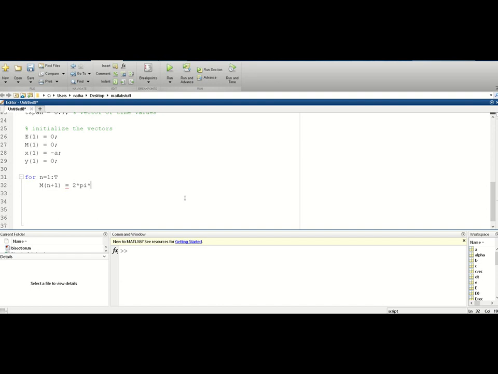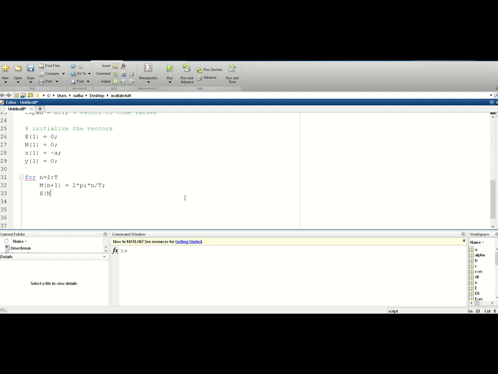That's 2 pi, which is your full circle, right? And then n, the current year that it is, divided by the total number of years it takes to get around. So that's the fraction of the circle that you've covered. So that's your next M value.